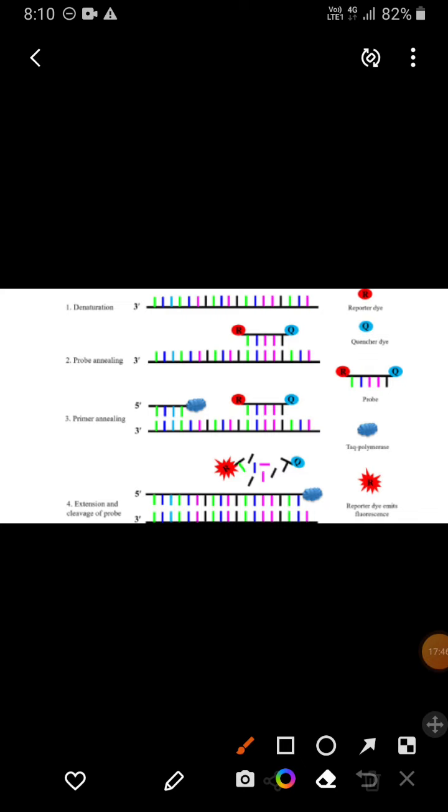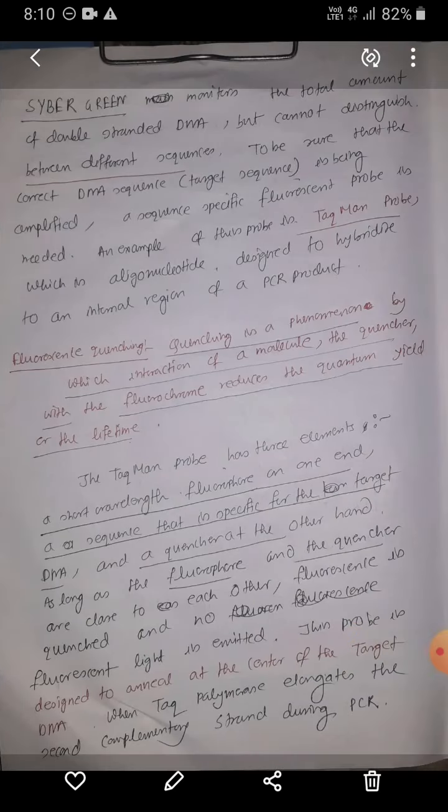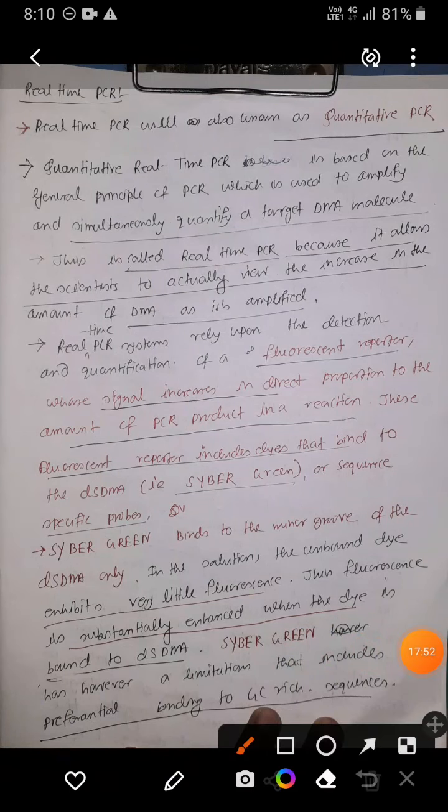So let me revise the whole thing theoretically now. Real-time PCR is also known as quantitative PCR. Quantitative real-time PCR is based on the general principle of PCR, and is used to amplify and simultaneously quantify the target DNA molecule. It is called real-time PCR because it allows scientists to actually view the increase in the amount of DNA as it is amplified.